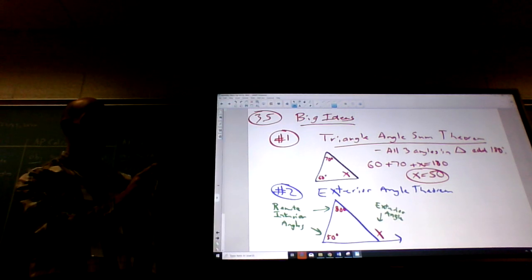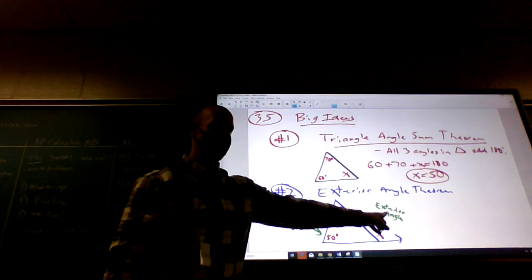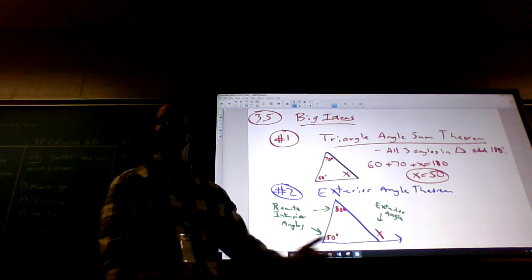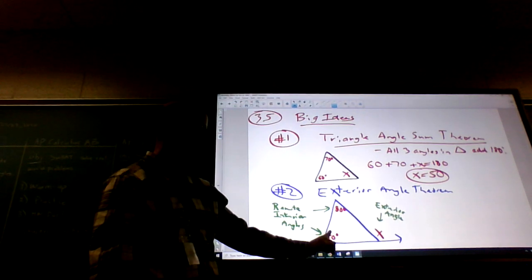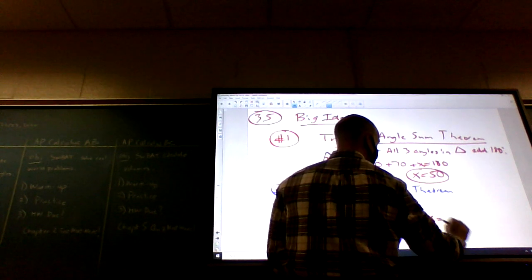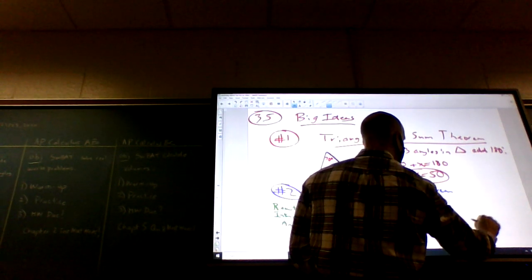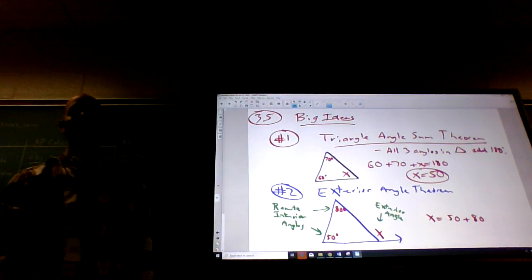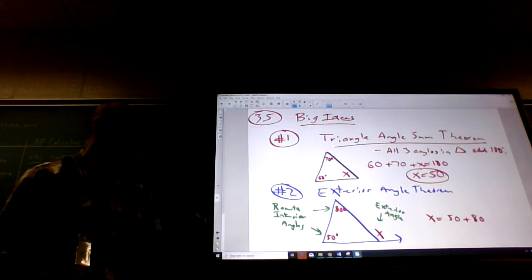And it turns out that this exterior angle is equal to the sum of these two guys. Always. So that means that X has to be equal to 50 plus 80. Has to be. Not kind of or maybe. It absolutely has to be.